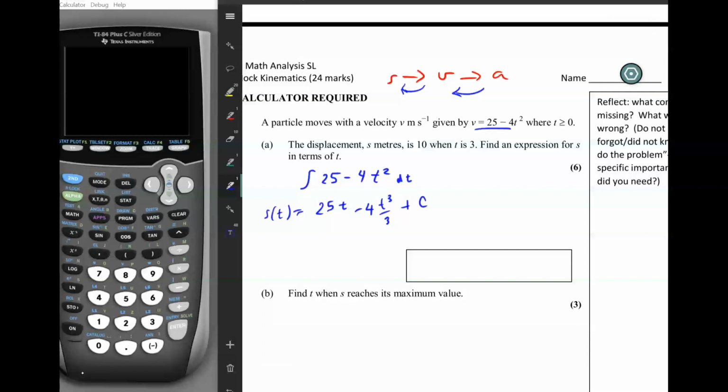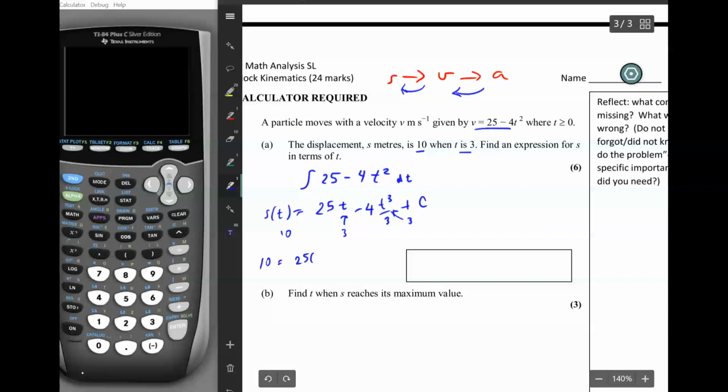Now, it does tell us that the displacement of s is 10 when t equals 3. Those are boundary conditions which you can use to figure out what the c value is. So let's put 3 in for t here, and then we put in 10 for s, and then we'll see what the value of c should be.